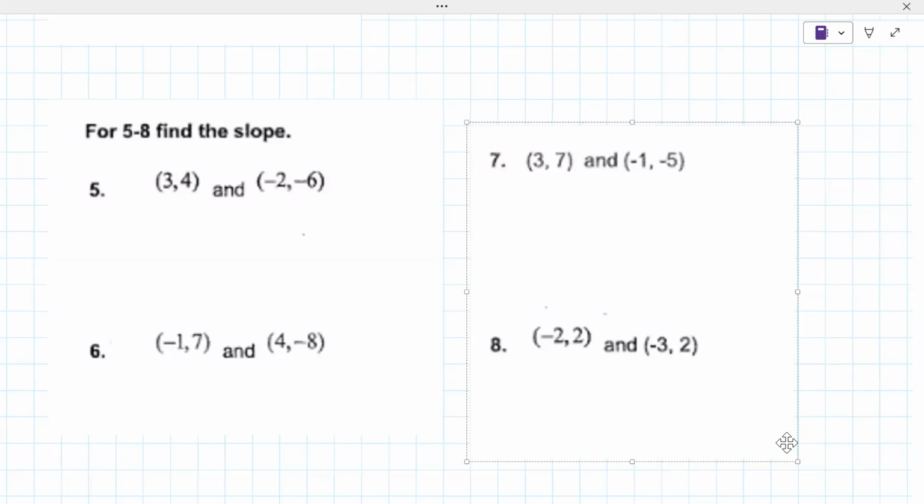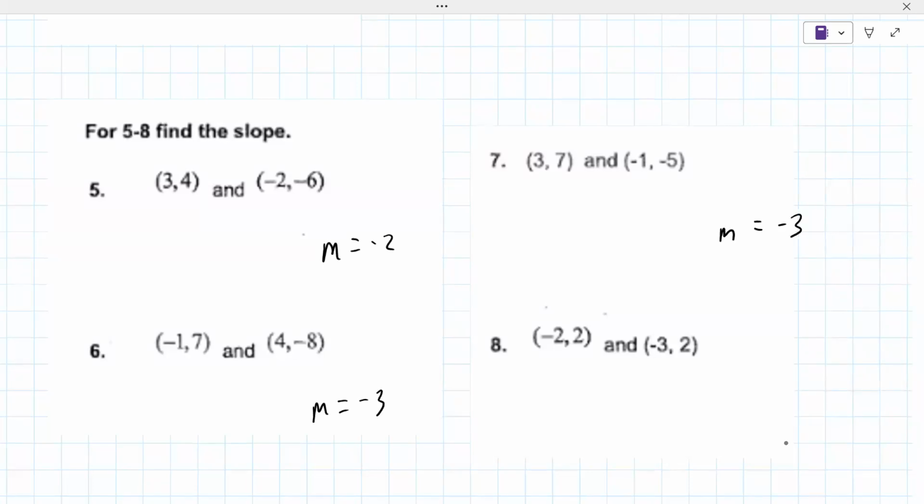So for 5, I got -2. For 6, I got -3. For 7, I got -3 as well. And then for 8, I got 0 slope.